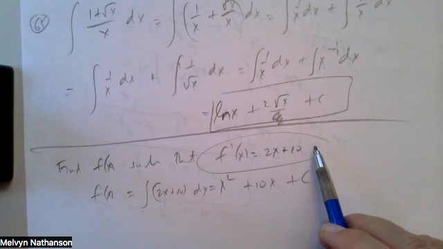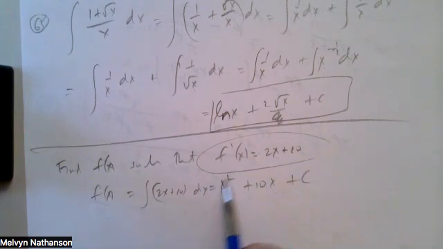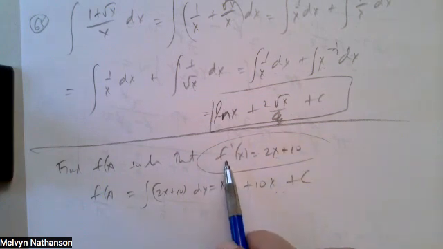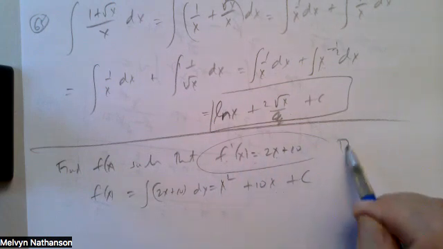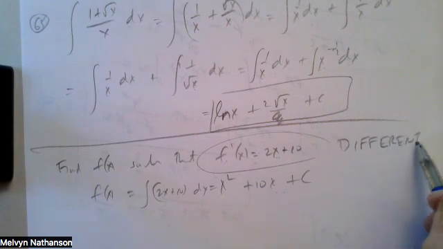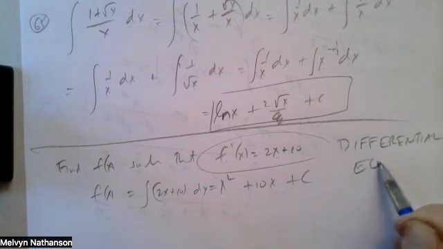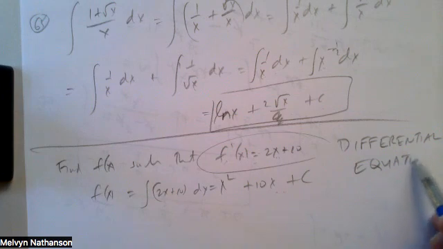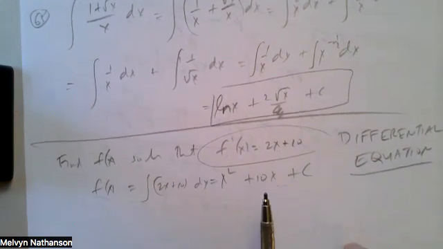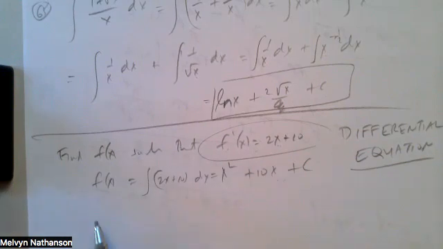Now, this is an equation you want to solve for f of x. You're given the derivative of f and you want to find f. So this is sometimes called a differential equation. A differential equation is an equation where the unknown is a function and the equation includes the derivative of the unknown function.